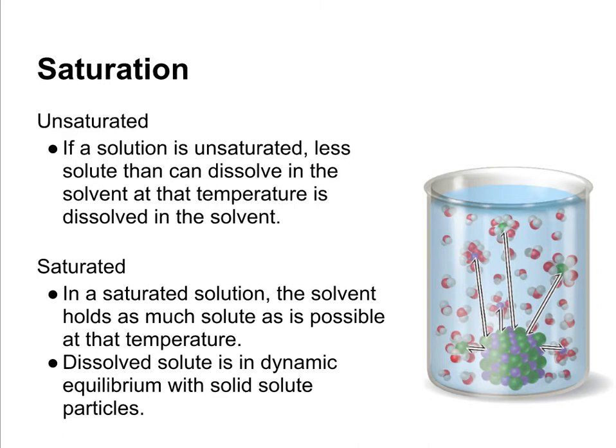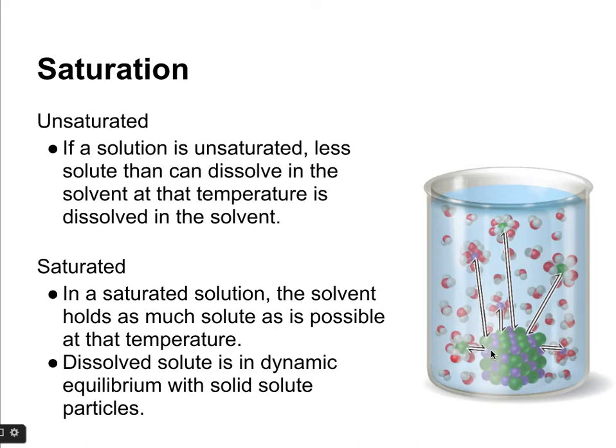In a saturated solution, the dissolved solute is in dynamic equilibrium with the solid solute particles. And that dynamic equilibrium is shown over here. In a saturated solution, if you put more solute in, you're not going to see it dissolve, but instead of the extra solute just sitting there, you'll have solute being precipitated and dissolved at the same rate.